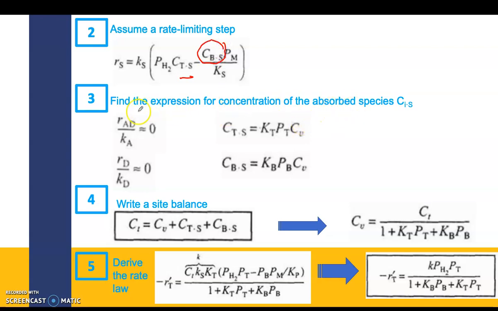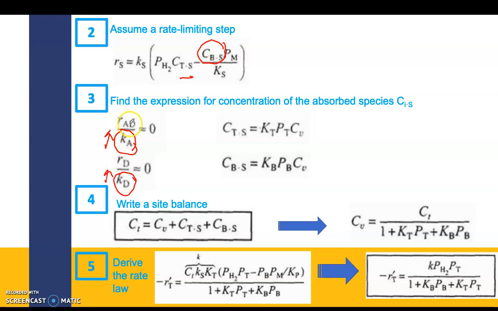That's why the third step is to find the expression for the concentration of the adsorbed species C_iS. When the surface reaction is the limiting step, the adsorption and desorption become rapid. When it is rapid, your Ka is high. Something over something high will be near 0. The same goes for Kd.